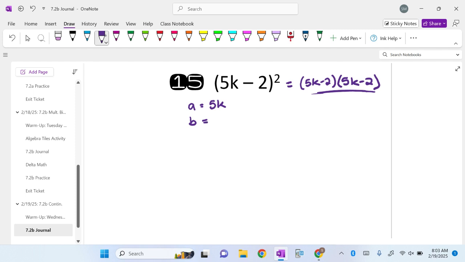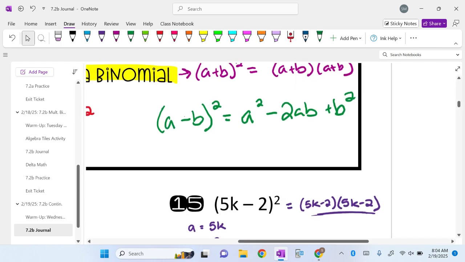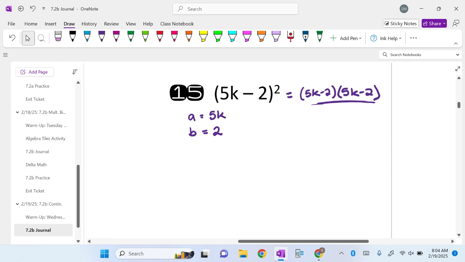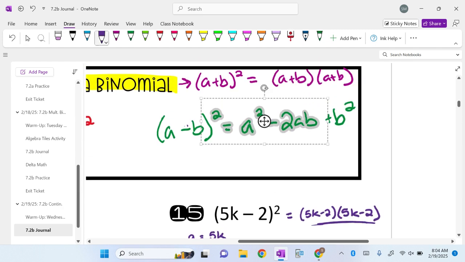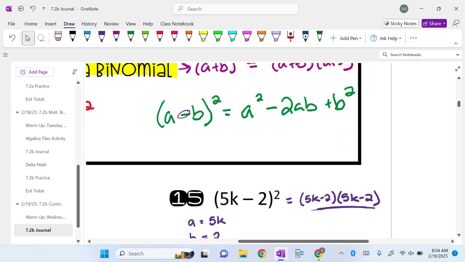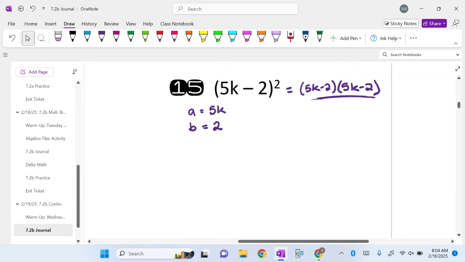And don't worry about the sign. 2. And again, we're just looking at the placeholders here. So that's why we don't really care about the signs, because in the original formula, the minus is already here. So we're just going to figure out each part.